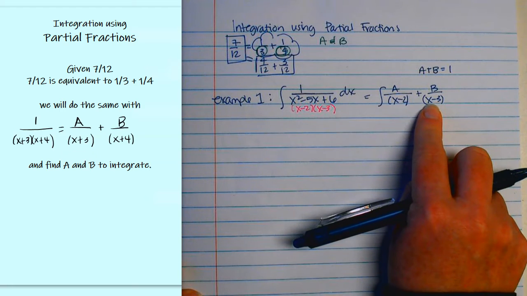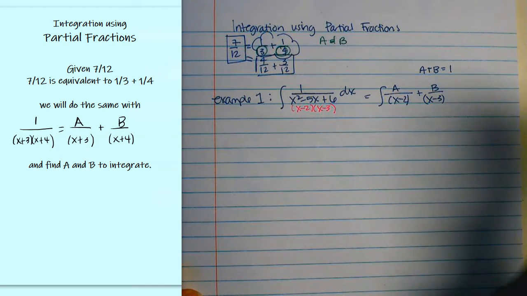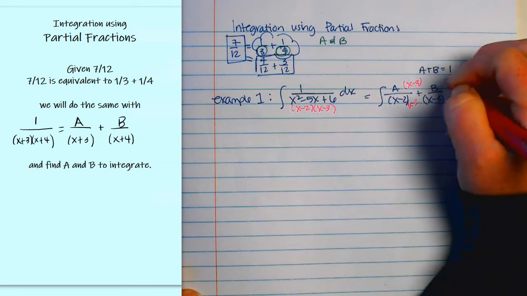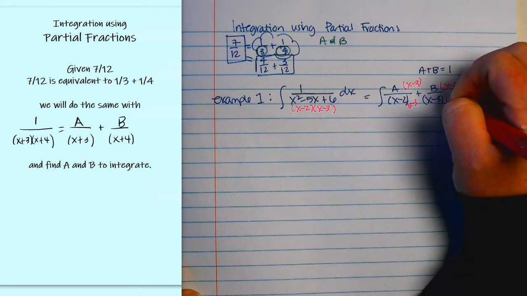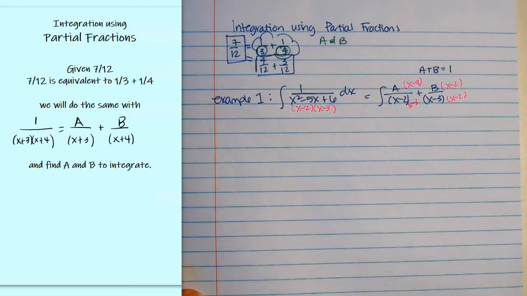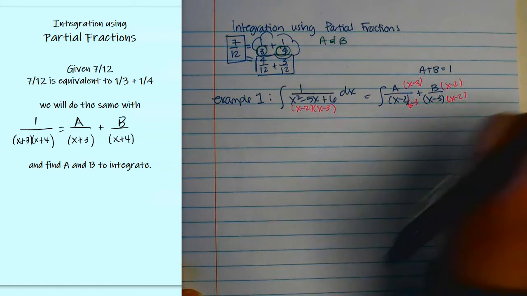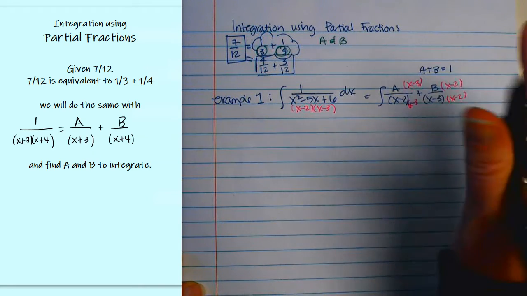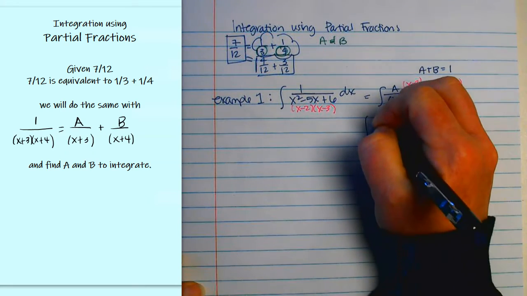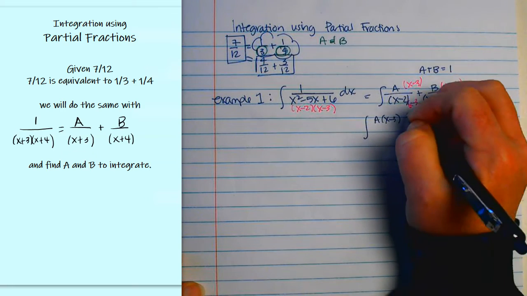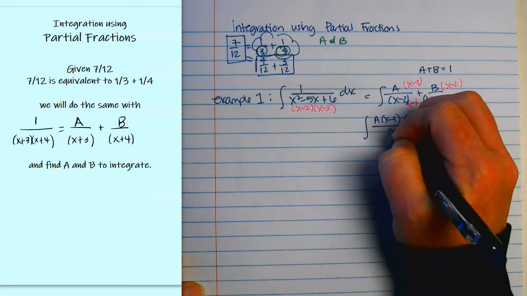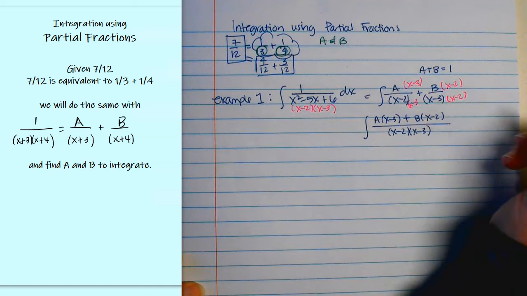If I'm going to add fractions that have different denominators, I'm going to have to multiply this first fraction by x minus 3 over x minus 3, and this one by x minus 2 over x minus 2. And you're thinking, that's a lot of work. We already had the problem, but I couldn't work this one. So this is how I'm going to work it out. What that gives me is the integral of A times x minus 3 plus B times x minus 2, all over x minus 2, x minus 3.